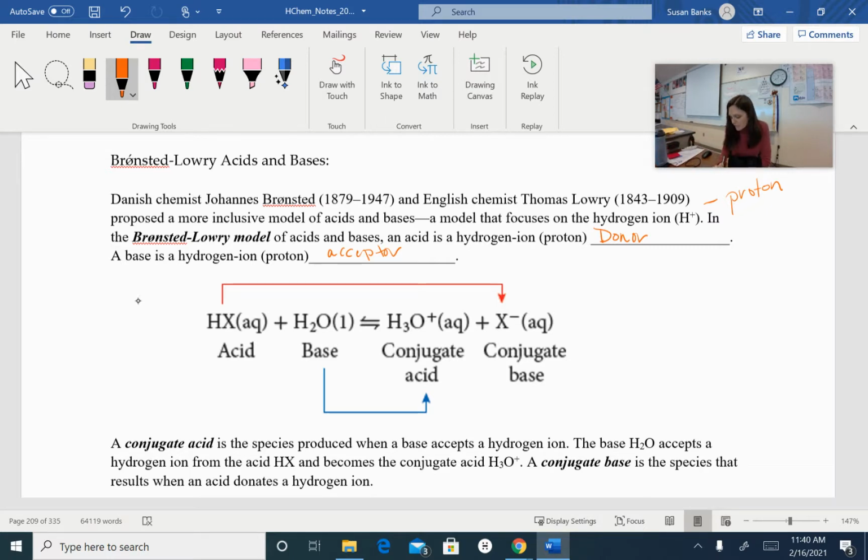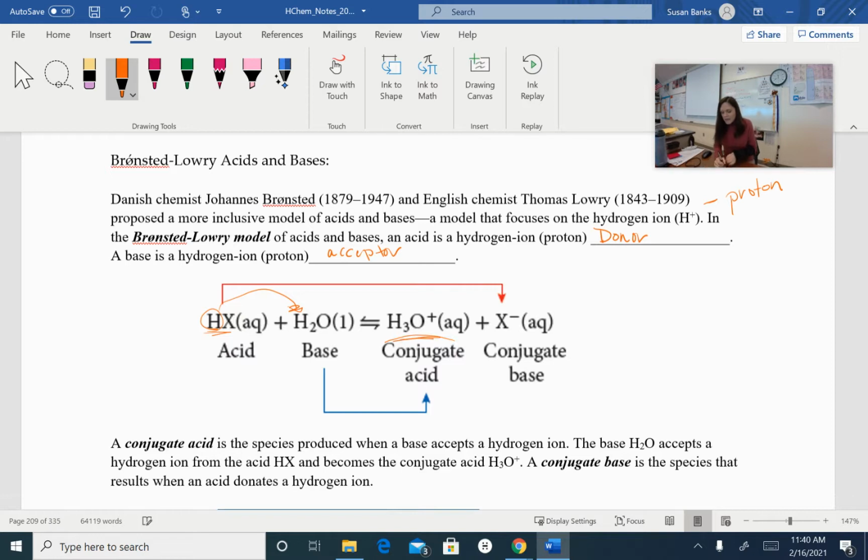So for example, if I had an acid with a hydrogen and I had that hydrogen dissociate, I could have that hydrogen join water. And if that hydrogen joins water, I would create H3O positive, hydronium. This is called hydronium.